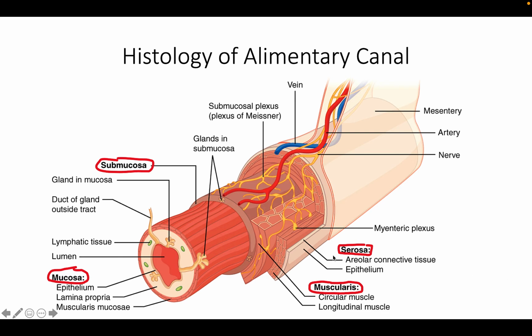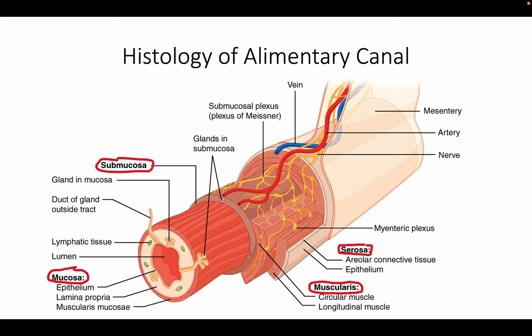And in the closer regions and the farther regions of the alimentary canal, including the mouth, pharynx, parts of the esophagus, and then the external anal sphincter, the muscularis is made up of skeletal muscle, which gives you voluntary control over swallowing and then defecation.